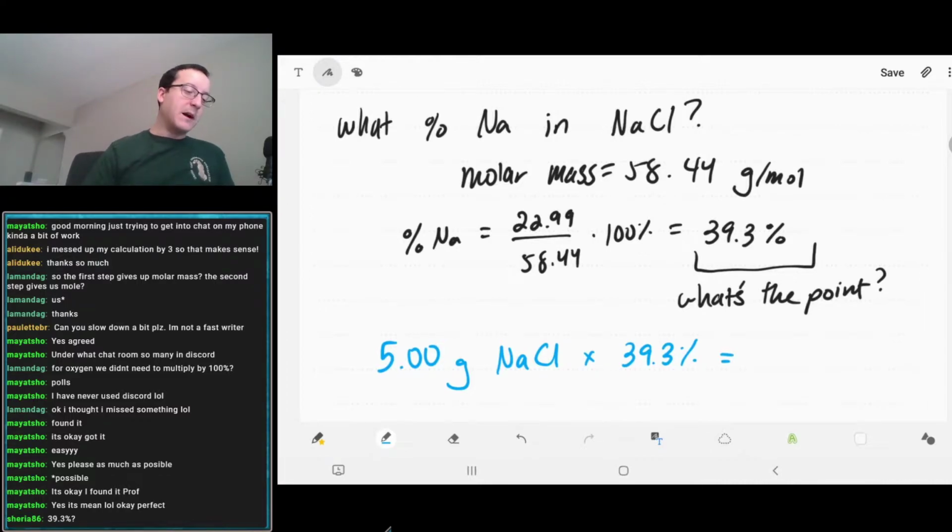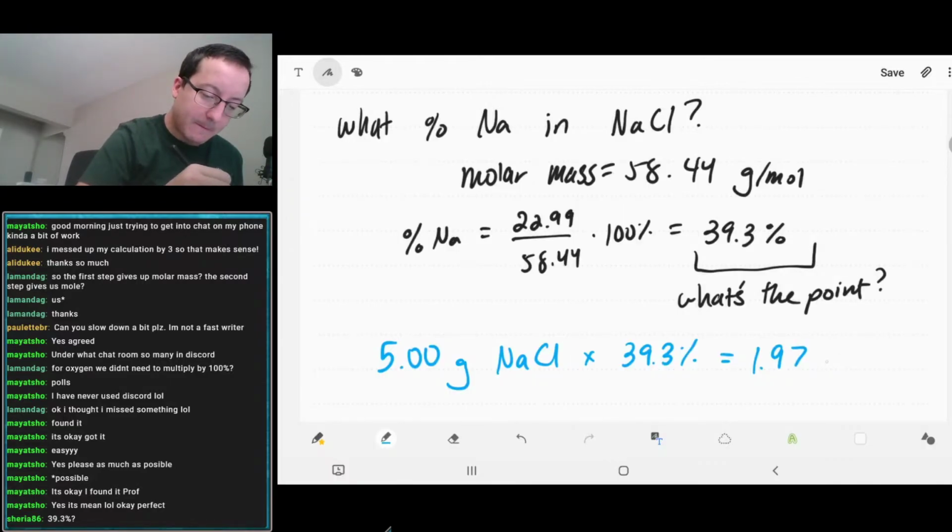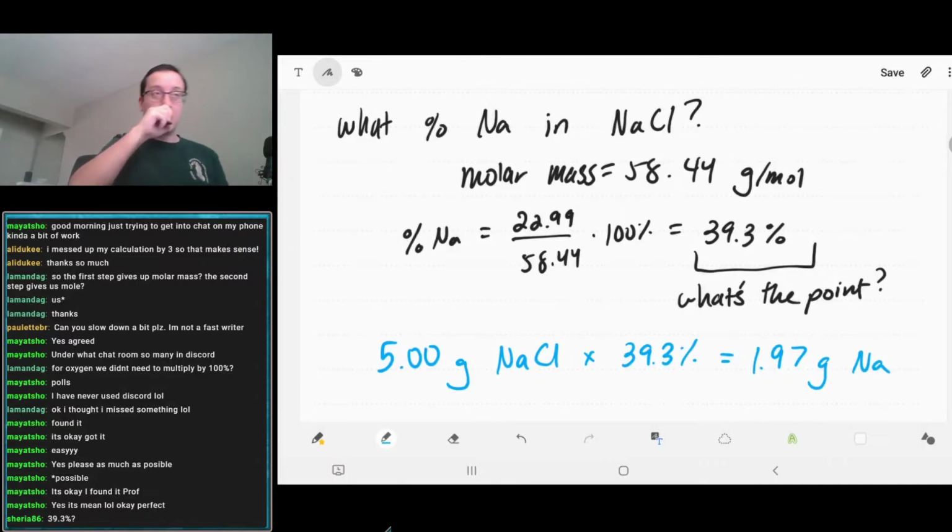And so by doing this, let's go ahead and do the math real quick. So 5 grams. Remember, when you're multiplying by a percent, you have to turn it back into the decimal. And so we're going to see that this amount of salt is going to be 1.97.